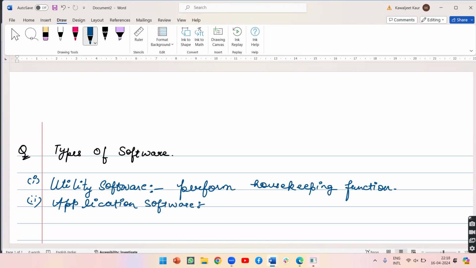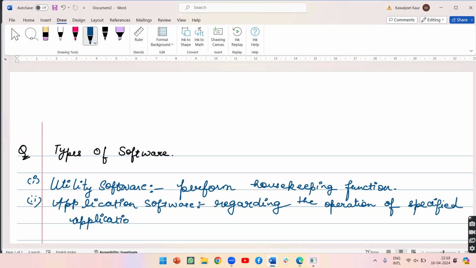It's not general, but it is regarding the usage of one unique application, the operation of a specified application. That application can be anything, of music or video, audio, or animation. So it is only regarding the specified application.